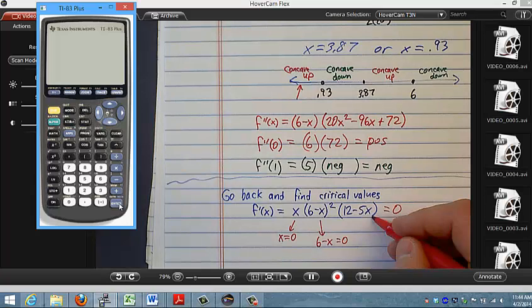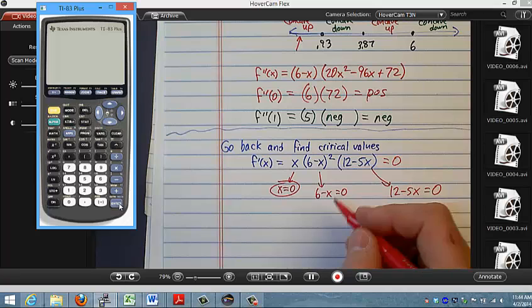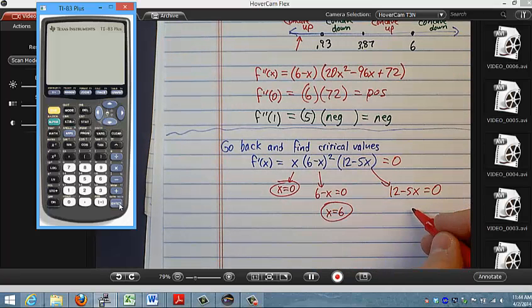And one of them is going to be 12 minus 5x equals 0. Does that make sense? So here's a critical value, x equals 0. Another critical value would be x equals 6. And another critical value would be x equals, what's this give me? Right, because 12 divided by 5 is 2.4.